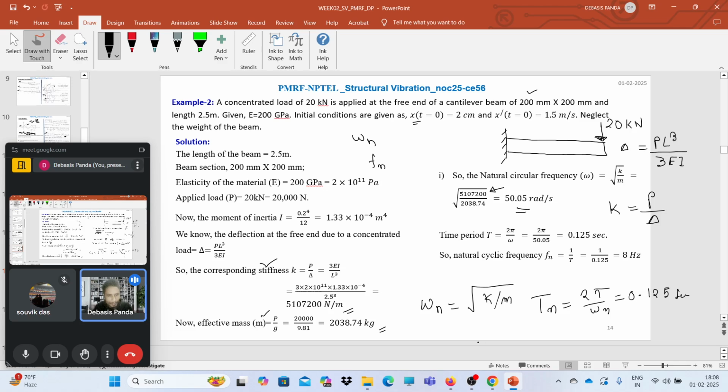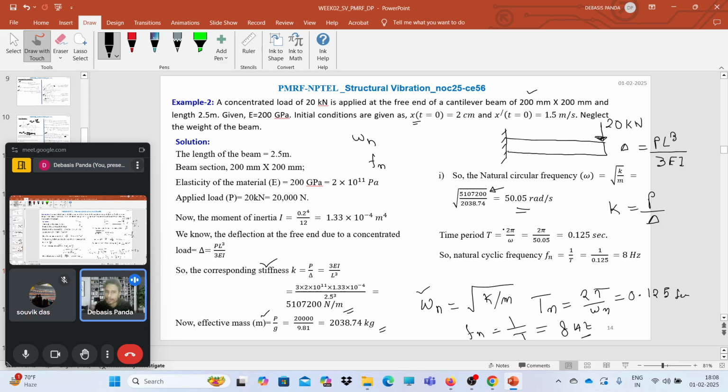So what will be the natural cyclic frequency? Fn is 1 by T, so it will be 8 hertz. Now for this system, we have all the parameters: the stiffness, the natural frequency, the time period, and so on.